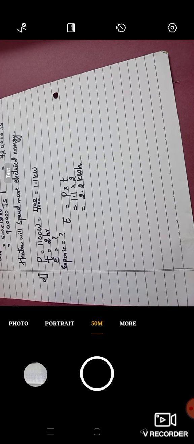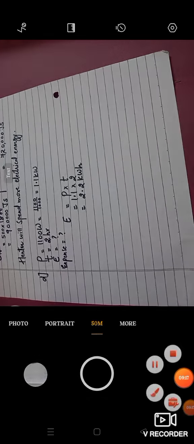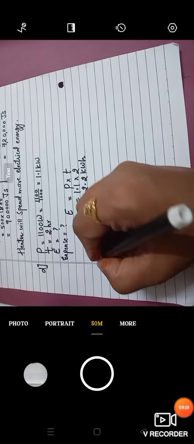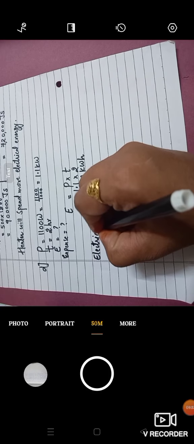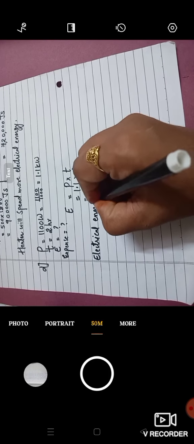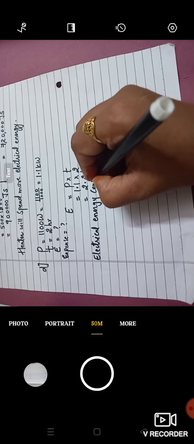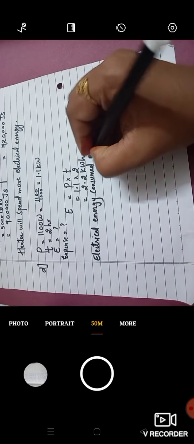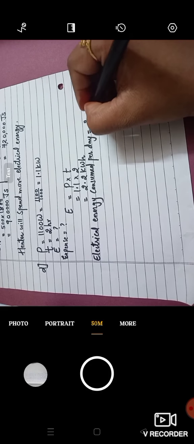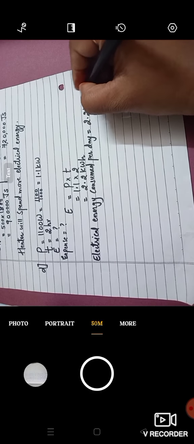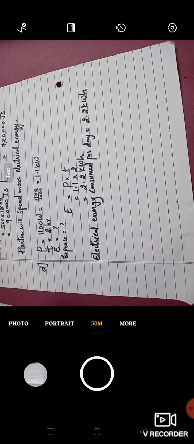This much electrical energy is consumed per day. So we will write here: electrical energy consumed per day is equal to 2.2 kilowatt hour.